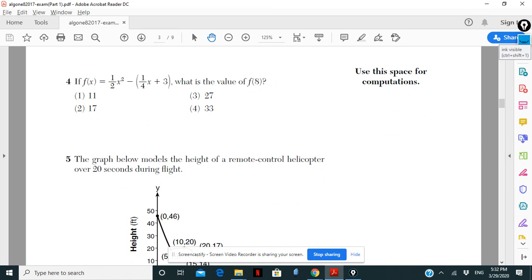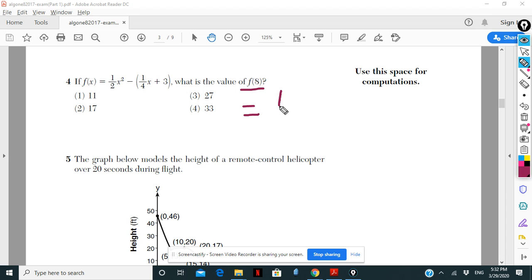Question number 4. To evaluate f(8) in the function f(x) = ½x² − (1/4 x + 3). Here it means I'm exchanging every x by 8.